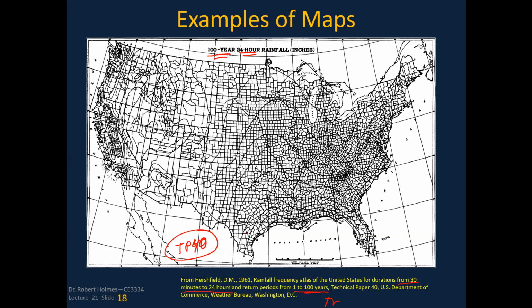And so if you look at this, this is an 8-inch, 9, 10, 11, 12, 13. So here's the 13. Here's the 12 isohyet. Here's the 11. And you can see we're here in Phelps County in Missouri, which is right here.